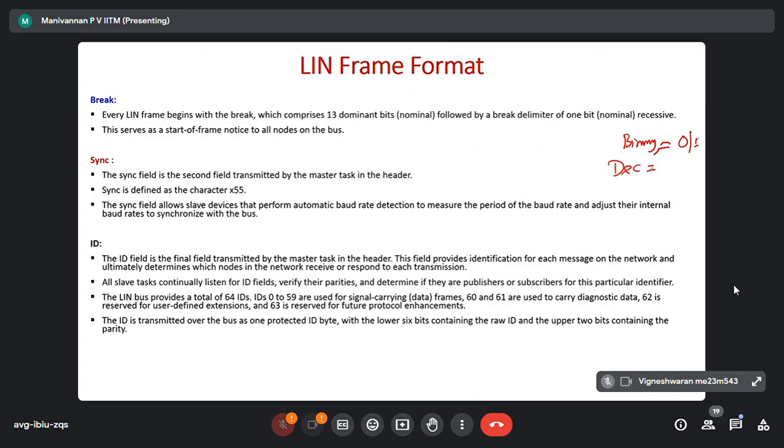Next one, we are using the decimal system. In the decimal system, you have 10 different types of symbols, correct? 0, 1, 2, up to 9. Okay. After that, what will become? It will become 10, 11. Correct? So you use 10 different symbols to designate a number.